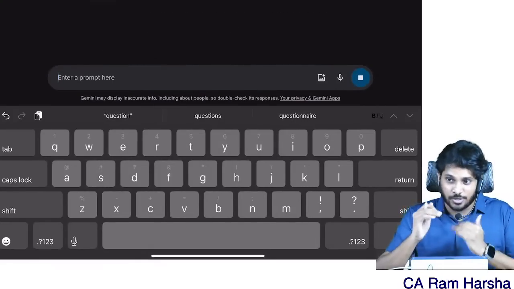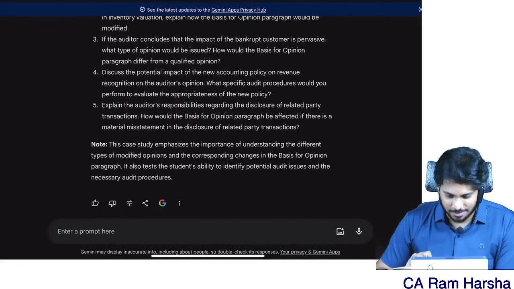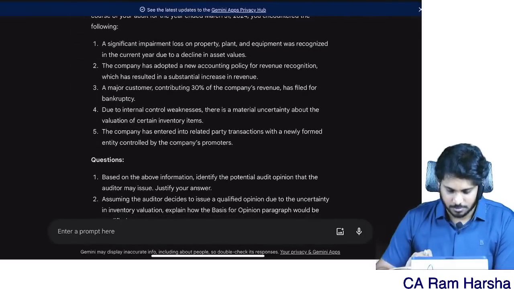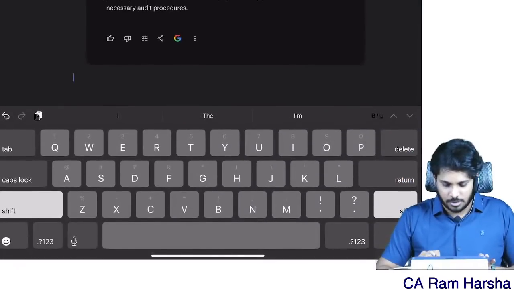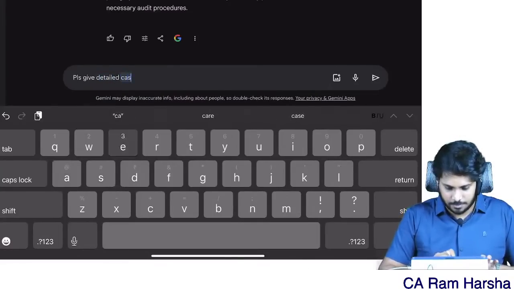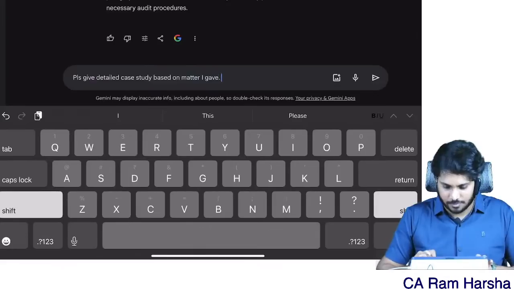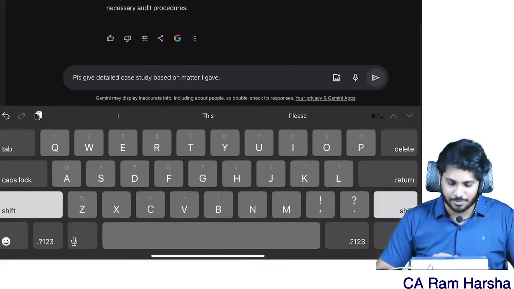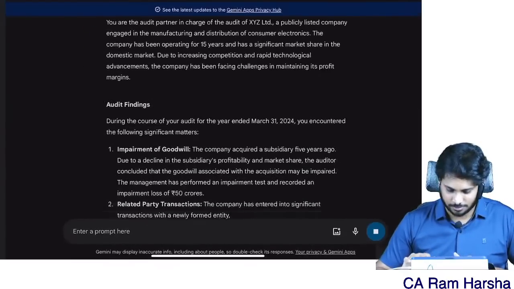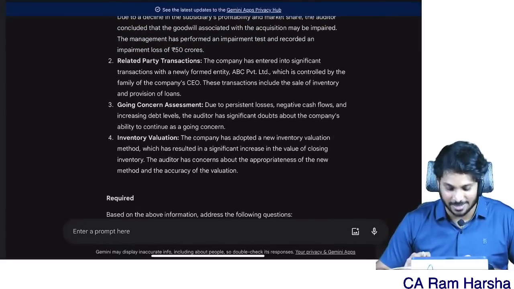Sometimes we have to ask the prompt two or three times. Again, it is giving the same. Yeah, now I think it came out correctly, somewhat.